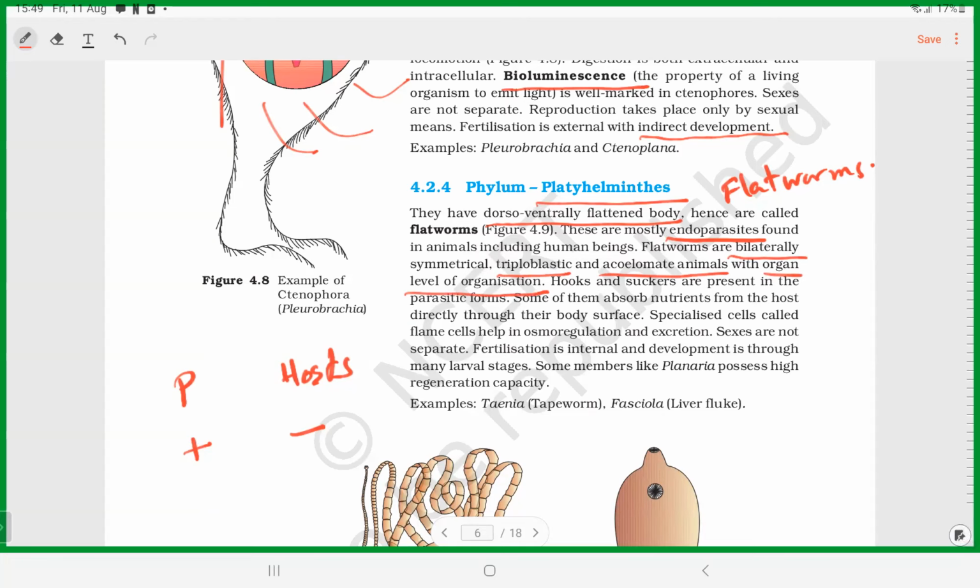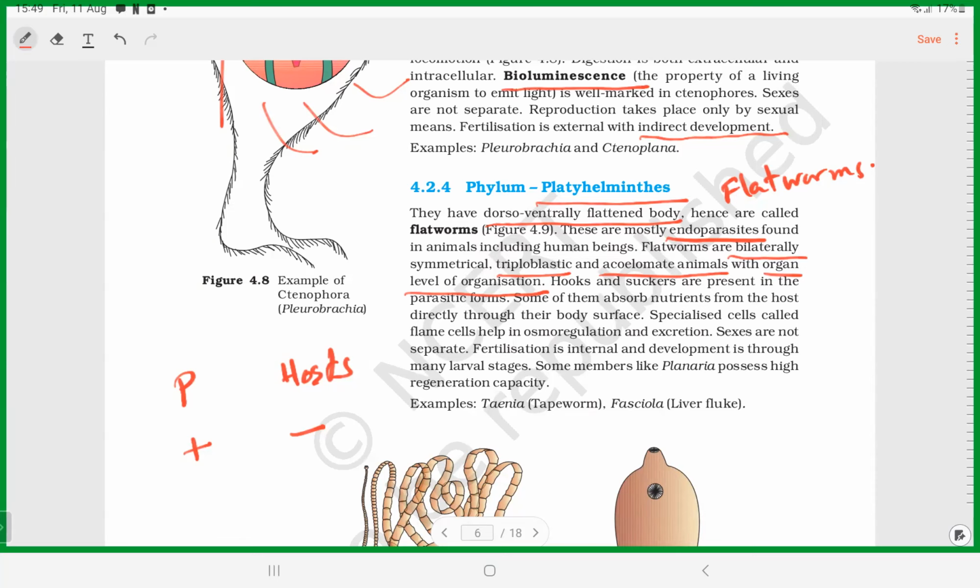Flatworms are dorsoventrally flattened organisms, also called endoparasites. They show bilateral symmetry, are triploblastic in nature, acoelomate animals, and show only organ system level of organization. This is what you should know.